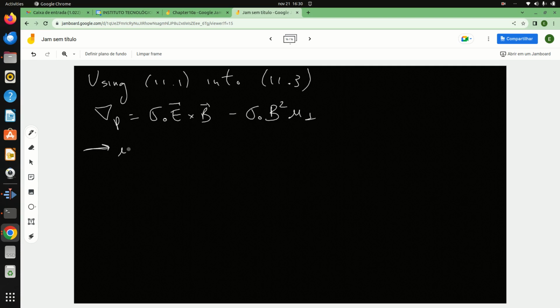and we can solve for U perp as E cross B over B square minus gradient of P over sigma B square. Now we see here that the perpendicular velocity is perpendicular to the magnetic field because of this, and the component of the gradient of pressure as a function of the diffusion coefficient.